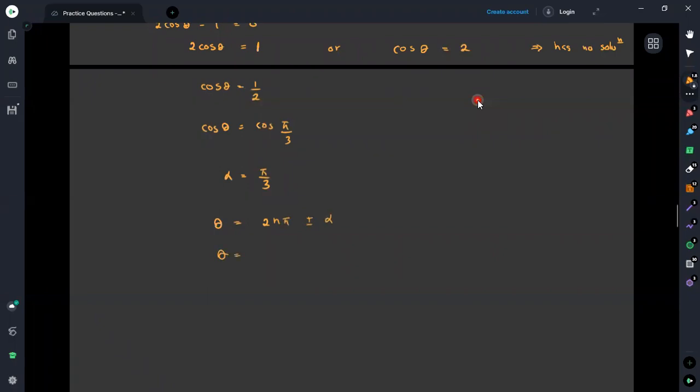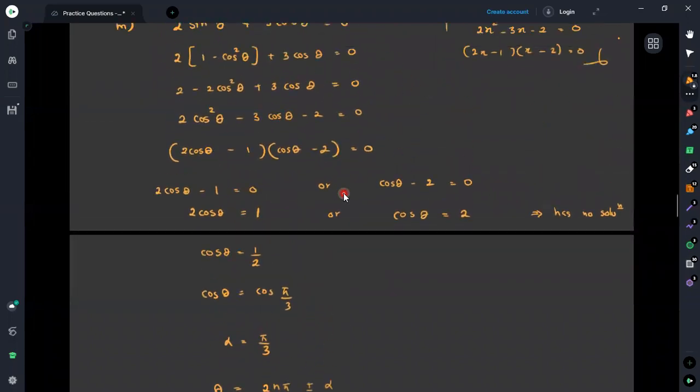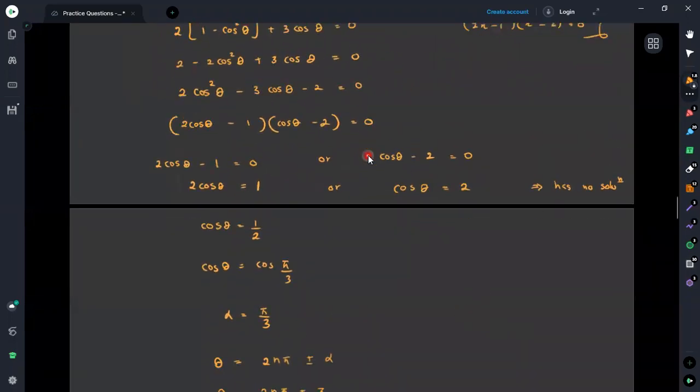The value of alpha was pi divided by 3. Therefore, theta is equal to 2 n pi plus or minus pi divided by 3. This is how we use the equations given for finding the general solutions.